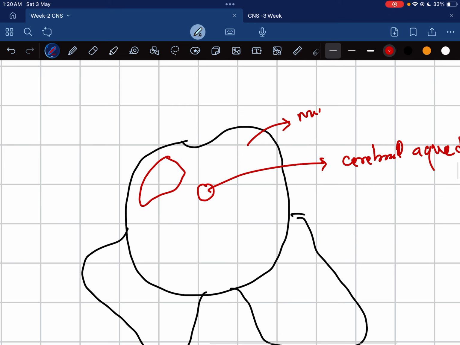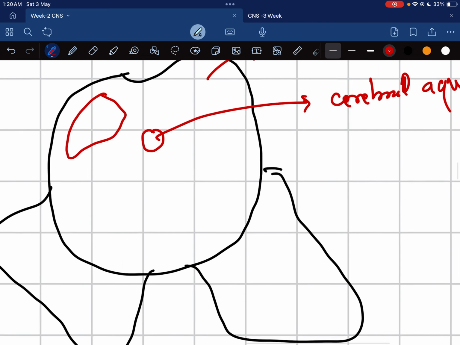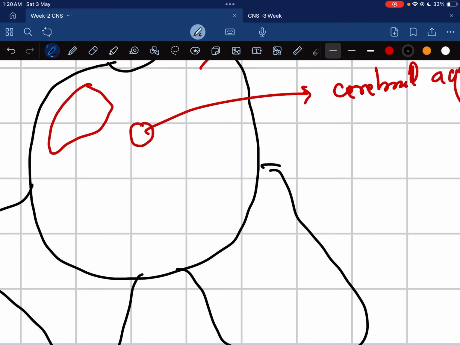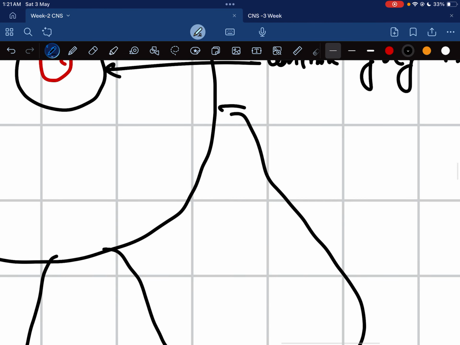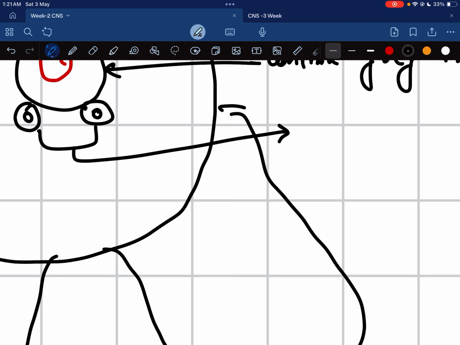Nearby there is a central gray matter. Then there is the nucleus of the trochlear.